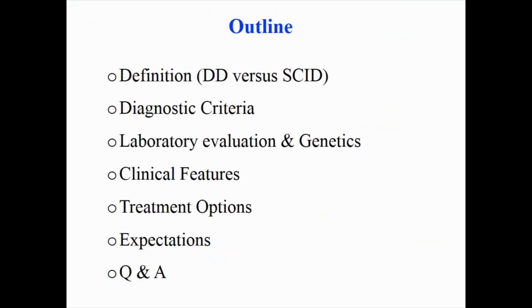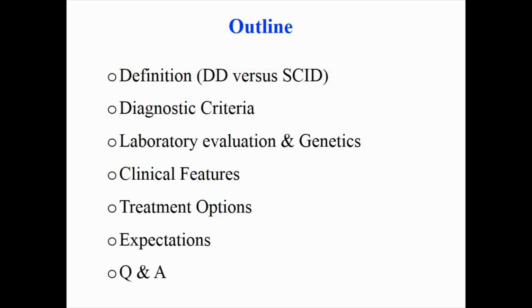So this is the outline of what we are going to do. We're going to define combining immunodeficiency because you are probably familiar with SCID. And there's always some kind of confusion, what is CID as opposed to SCID. So we'll define them, we will review the diagnostic criteria that the European Society for Immune Deficiencies has recently developed for CID.